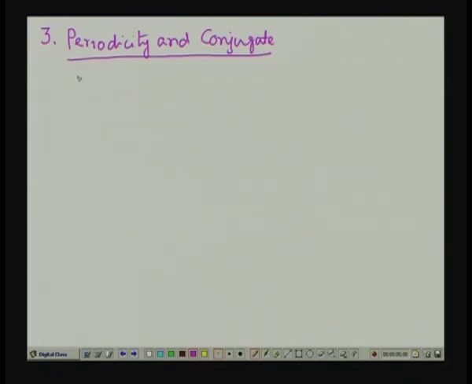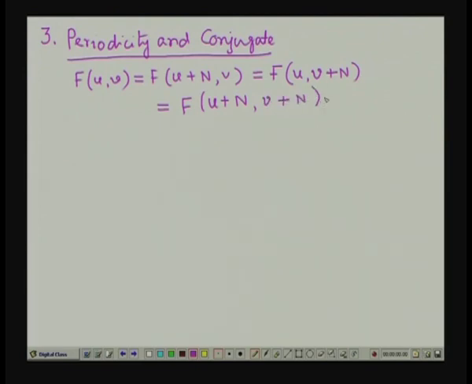So, this periodicity property says that F(u,v), this is the Fourier transform of our signal f(x,y), is equal to F(u plus N, v), which is the same as F(u, v plus N), which is the same as F(u plus N, v plus N).